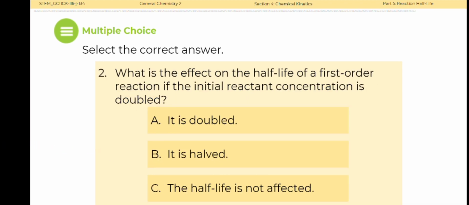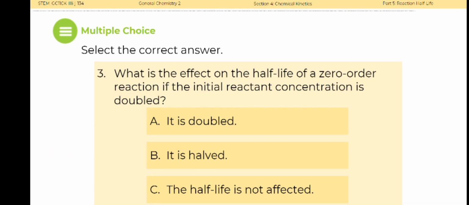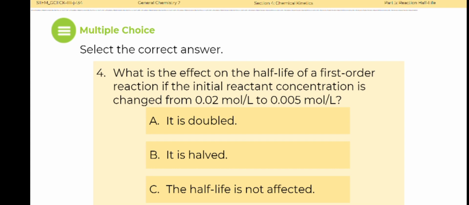Number 2. What is the effect on the half-life of a first-order reaction if the initial reactant concentration is doubled? 3. What is the effect on the half-life of a zero-order reaction if the initial reactant concentration is doubled? 4.